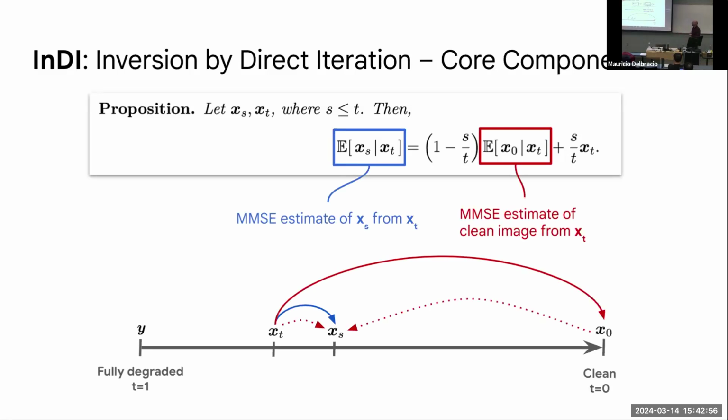Then this MMSE estimate, the posterior mean of x_s given x_t, is actually equal to estimating the clean image from time t and then doing this convex combination with these very specific weights.